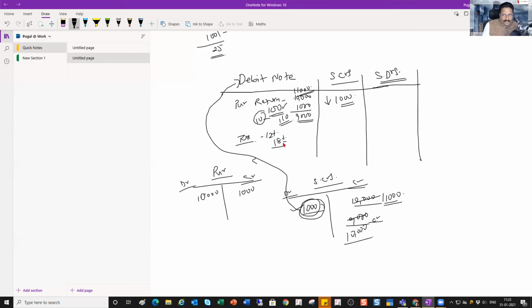Literally, he's charged me 6% extra, so my outstanding is now greater by 6%. Once I get the bill, I communicate with my supplier and tell them that I'm going to raise a debit note and you raise your credit note from your end. So when I raise a debit note, he is going to raise a credit note.